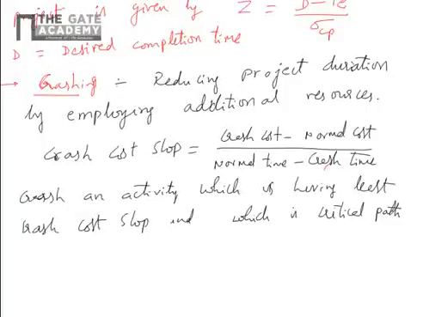Always, activities on the critical path have to be crashed. If you want to reduce the project duration, you want to reduce the duration of the activities in the critical path, then only project duration will reduce.